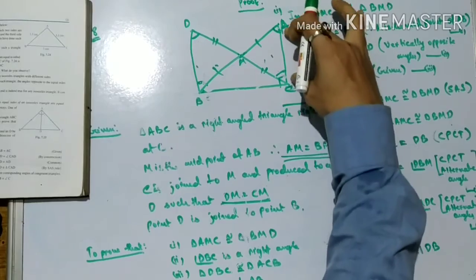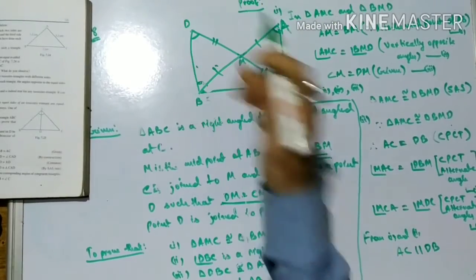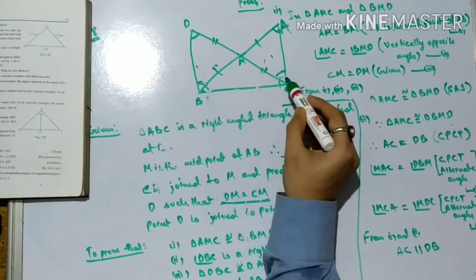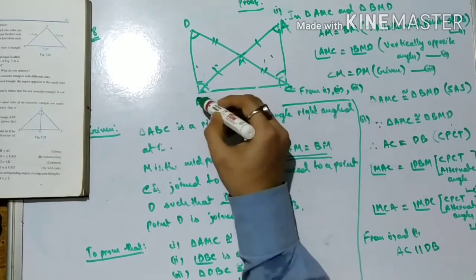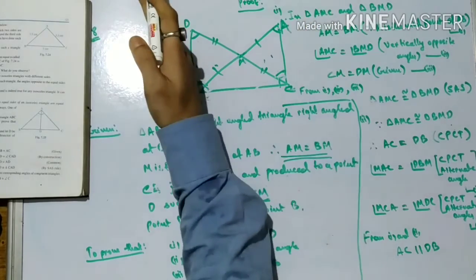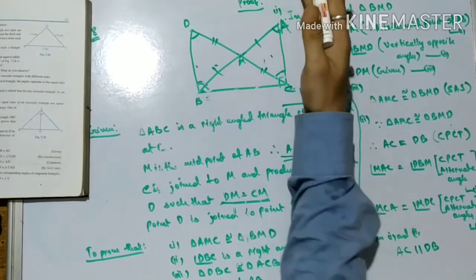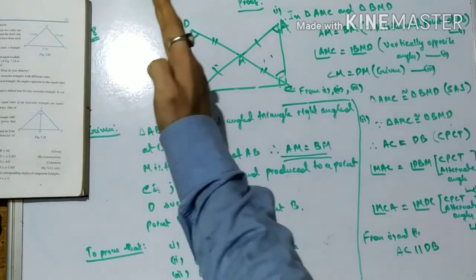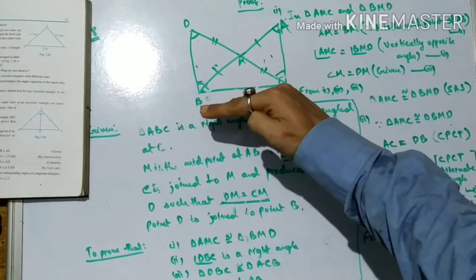Understand? Now since this side is parallel to this side, what can I say? AC is parallel to DB and this is the transversal.